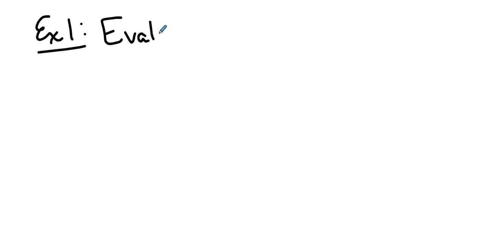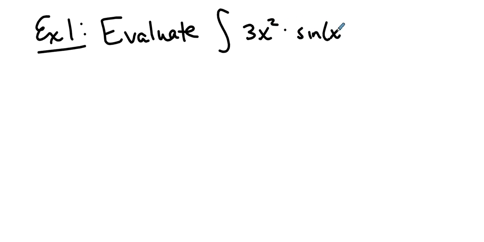So let's evaluate the integral of 3x squared times the sine of x cubed dx. Let's find that integral using this process. And so we think to ourselves, this is a function of x whose derivative happens to be right there.